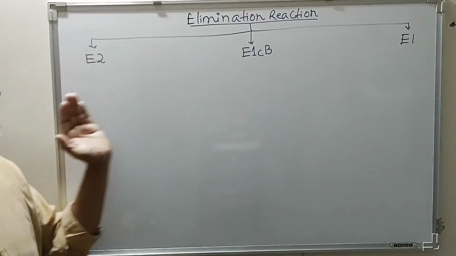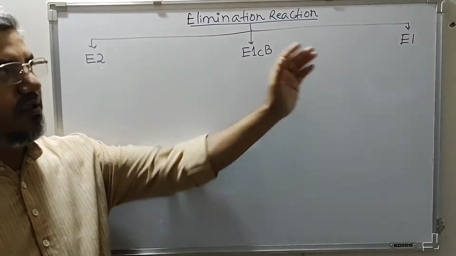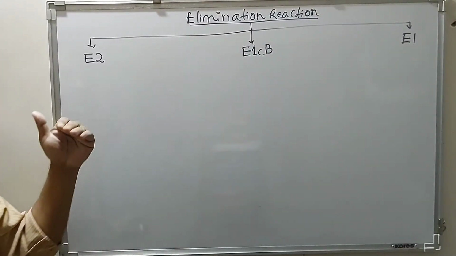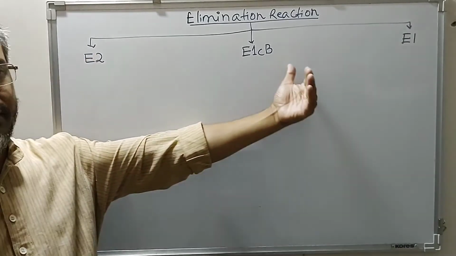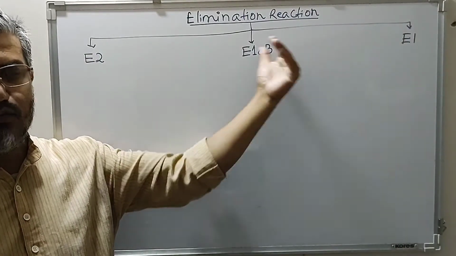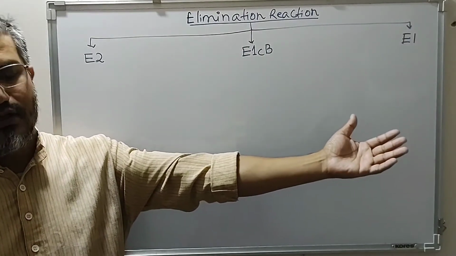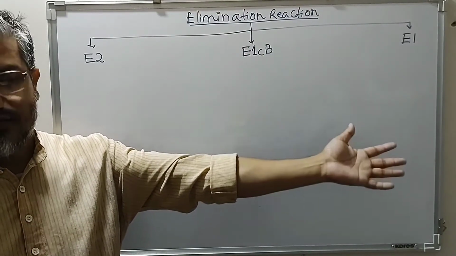So we have three different mechanisms proposed for elimination from alkyl halides. In all these elimination reactions, the final products will be alkenes, but the mode of elimination of alkyl halide differs.